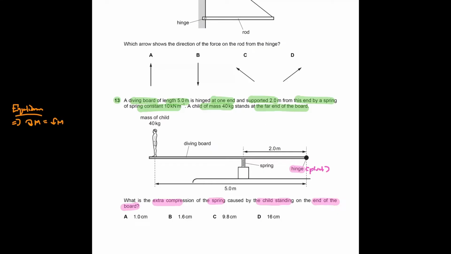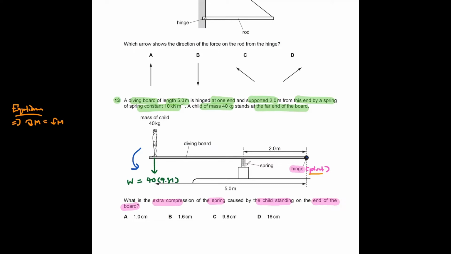With your hinge being your pivot, what are the forces present in your system and what moments do they cause? Your child of mass 40 kg is standing here. He has a weight of 40 times 9.81. This is his weight. He will cause a counterclockwise moment about this hinge here.